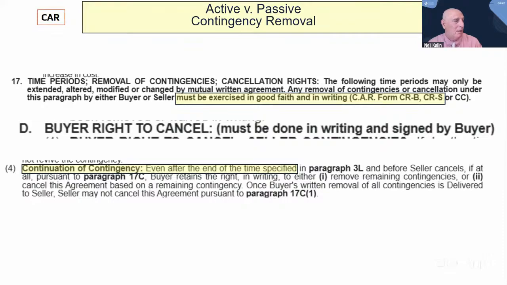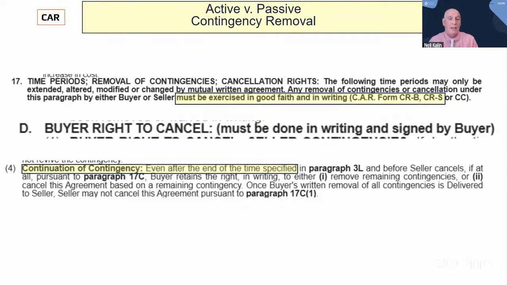Buyer retains the right to remove contingencies or cancel the agreement. So the mere passage of time does not determine whether the contract goes forward or terminates. It means nothing. The only thing that has meaning in the CAR contract in terms of a contingency removal is somebody needs to do something in writing.